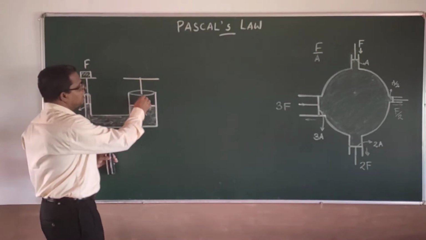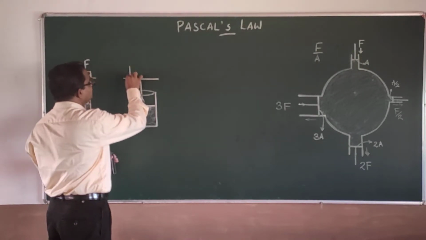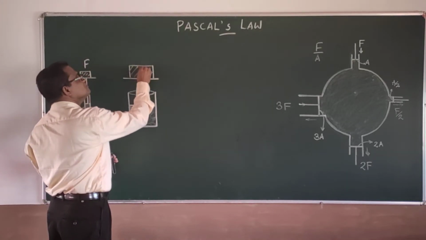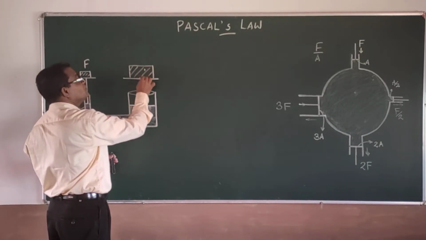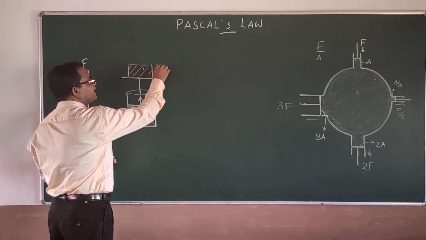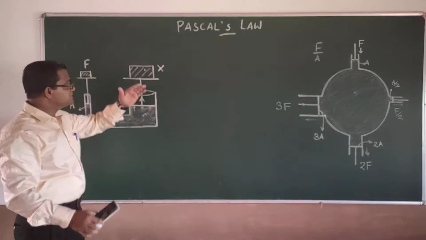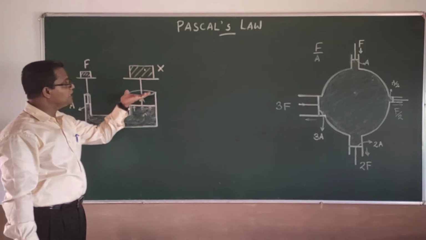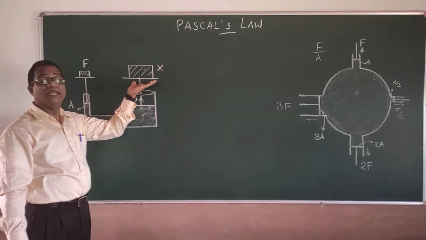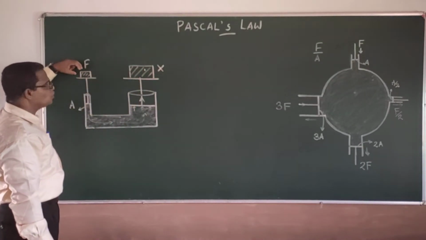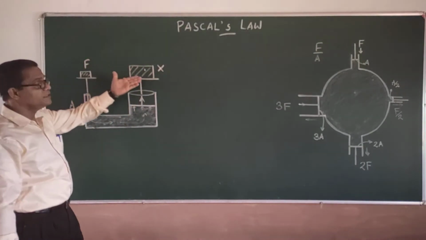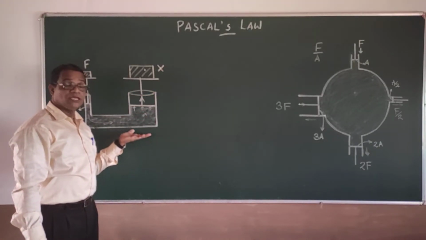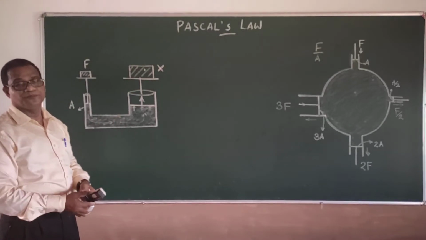This upward motion can lift a particular weight over here, a heavy weight. If I keep over here a weight X, you can see that this piston will be moving slowly up, lifting this large weight. So you apply a small weight over here, and it lifts a large weight.